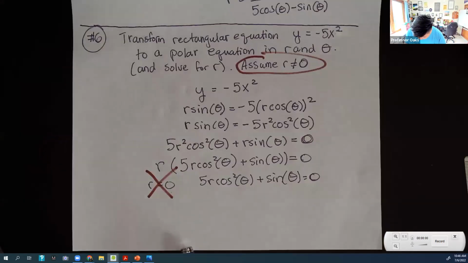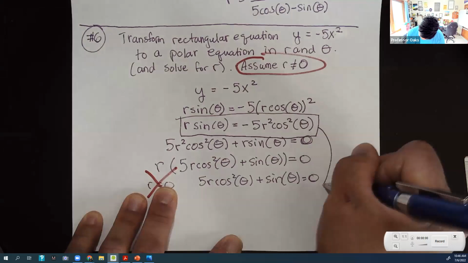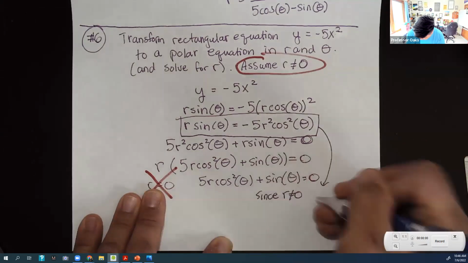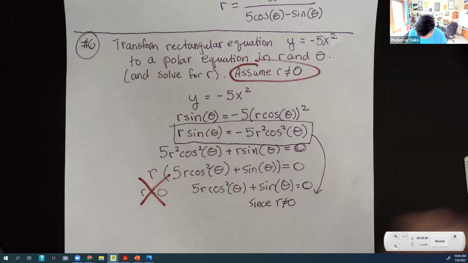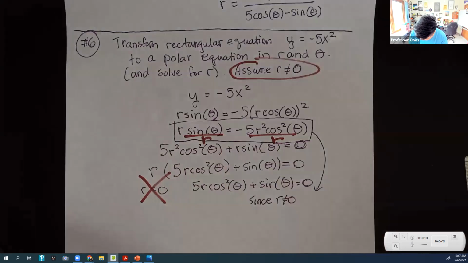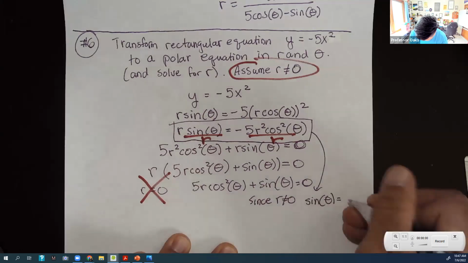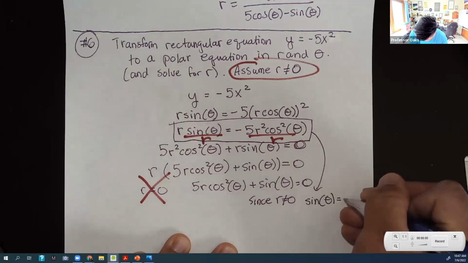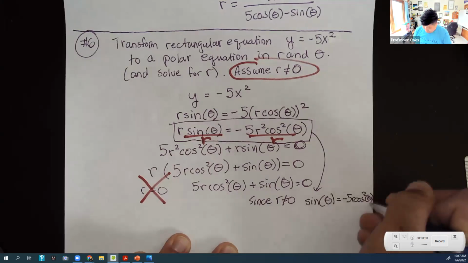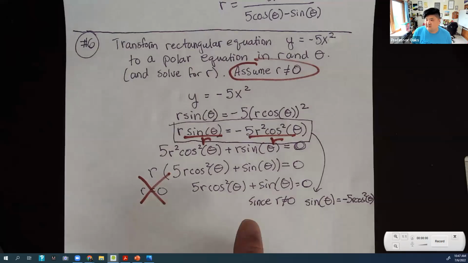Since r is not equal to 0, you can just divide out an r, and go straight to sine of theta equals -5r cosine squared theta.